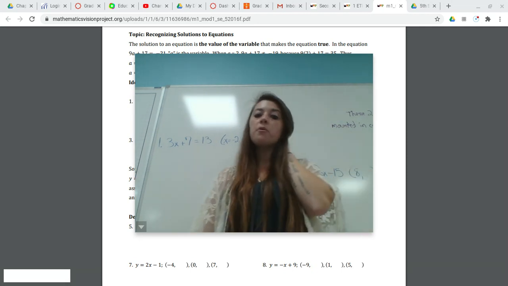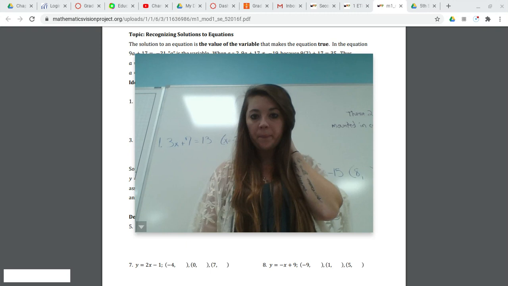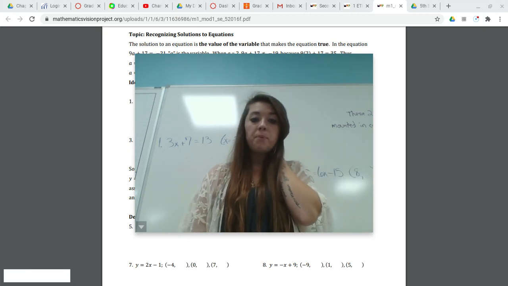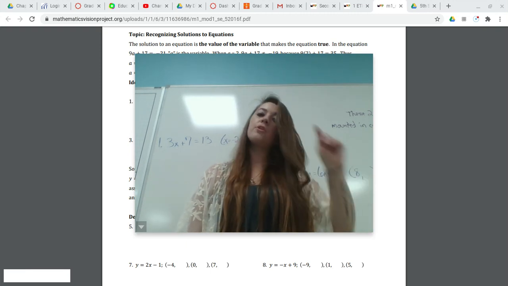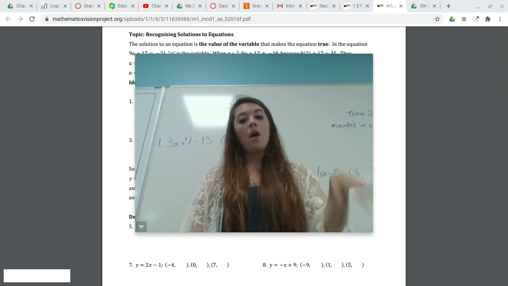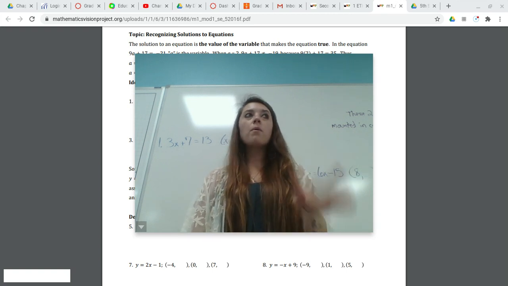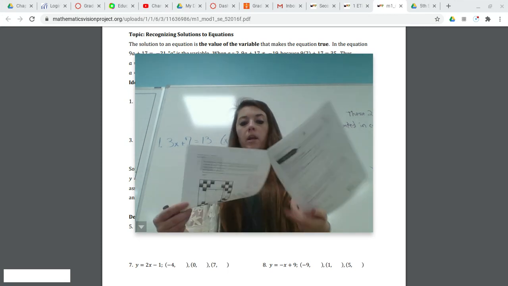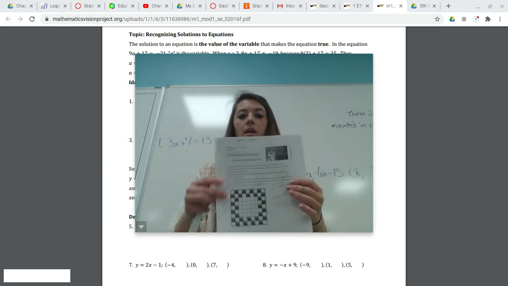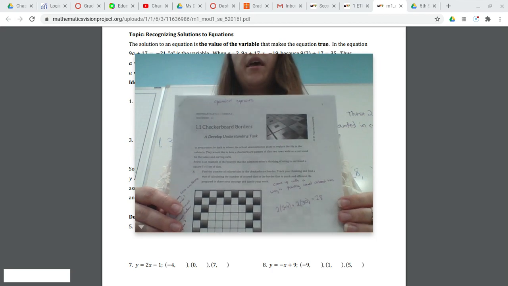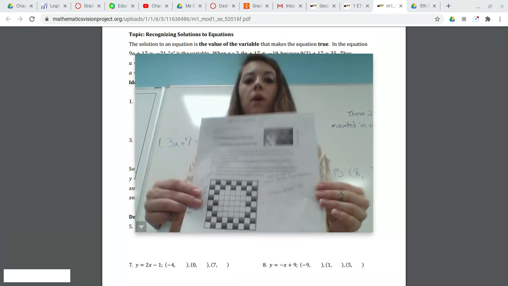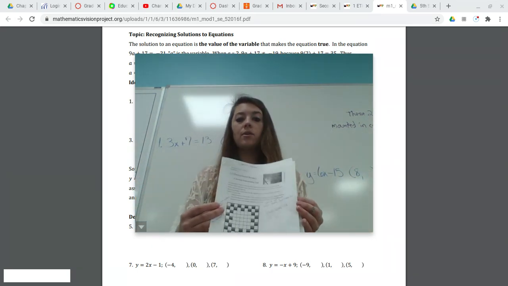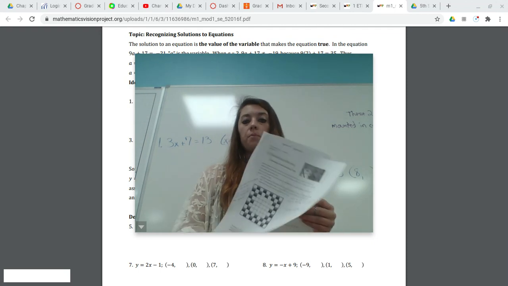Now for those of you who are remote and don't have your workbooks, there is the PDF on the Canvas page. You'll have to do a little bit of scrolling to get to the 1.1. What we're going to be doing is just the ready, set, go portion. So what it'll look like when you see it is something like this. This is the launch, so this is what we would do if we were in class all together to work in groups on.